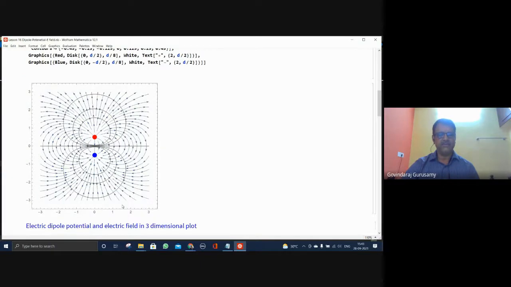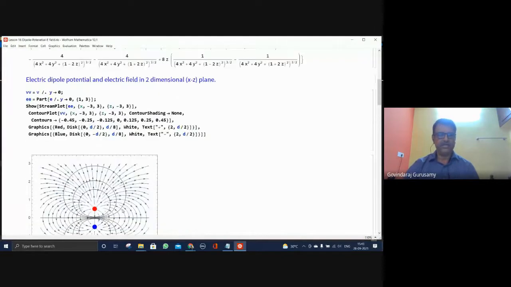And the potential is also plotted here as a contour plot, where you can move without doing any work. These are equipotentials. A charge can move on them without doing any work.